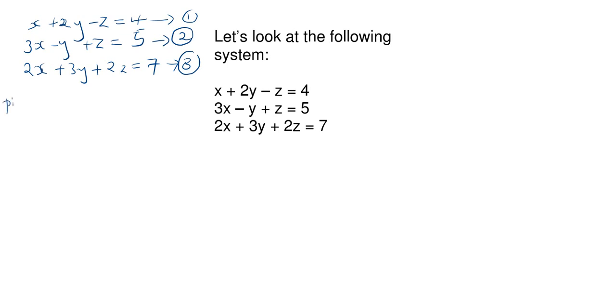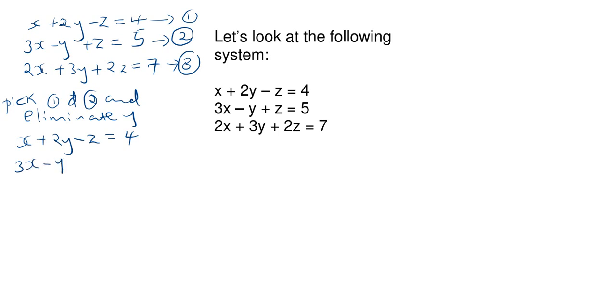So in this case, our equation 1 is x plus 2y minus z is equals to 4. And our equation 2 is 3x minus y plus z is equals to 5.